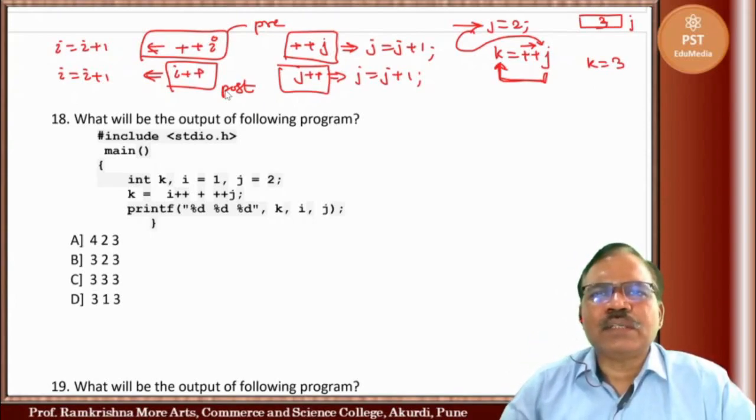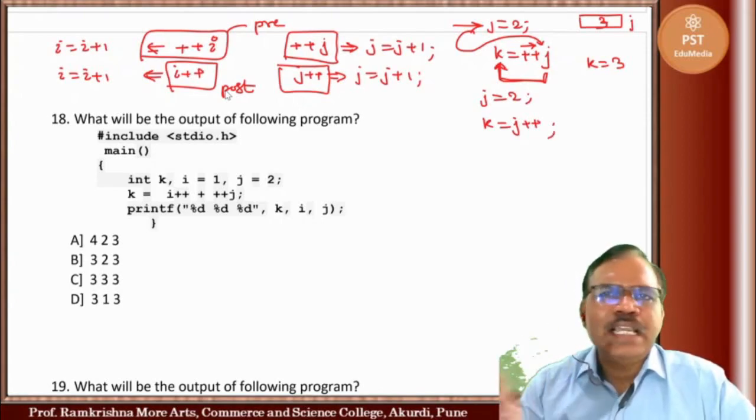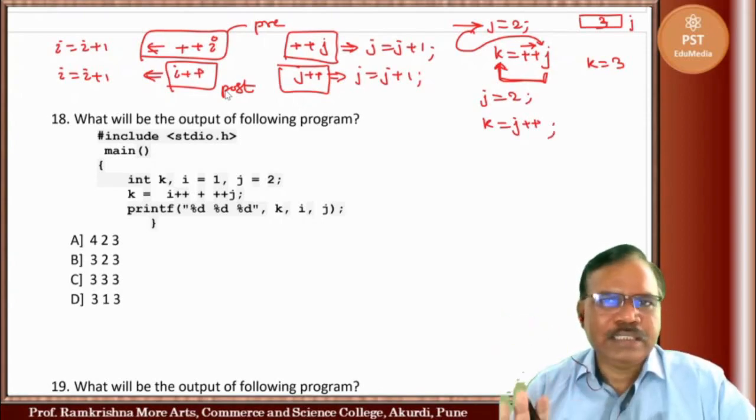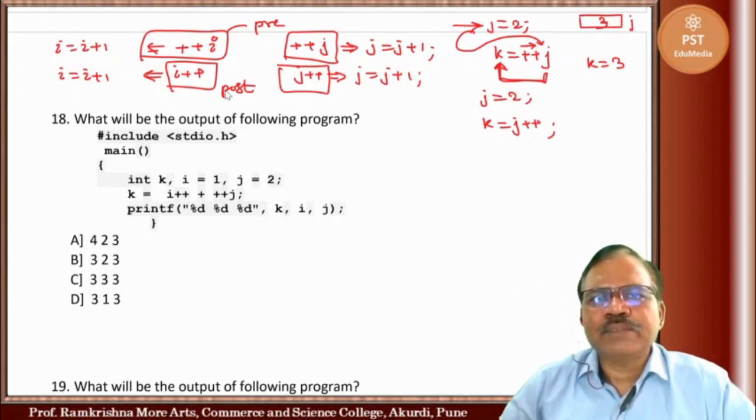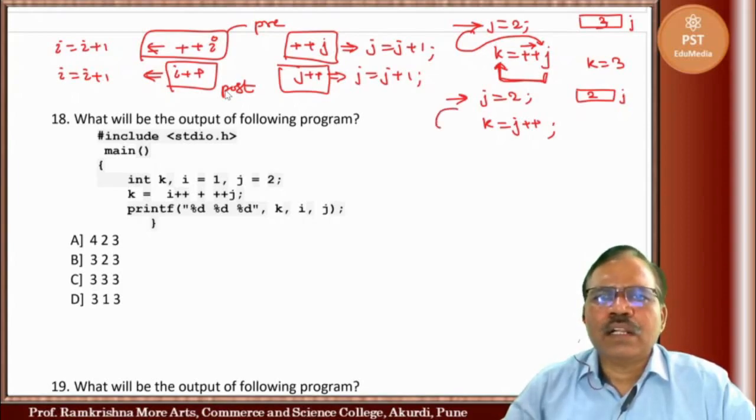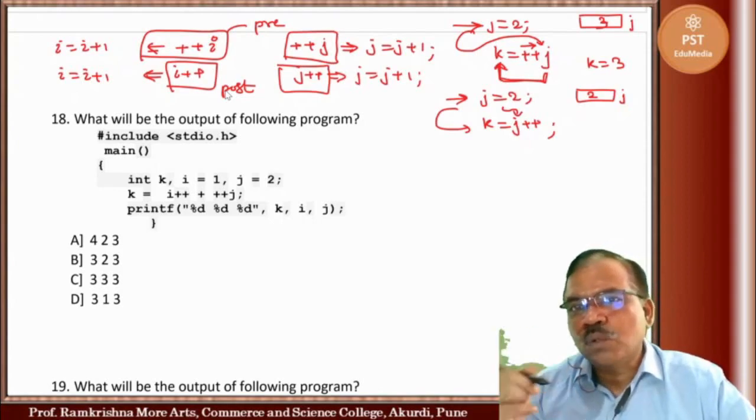But in place of this, suppose we have j equal to 2 and k is equal to j++. What is the meaning of this? j is increased by 1, as in the earlier case. So what happens here? When control is here, at the memory location of j we have 2. When it comes here, now it is post increment.